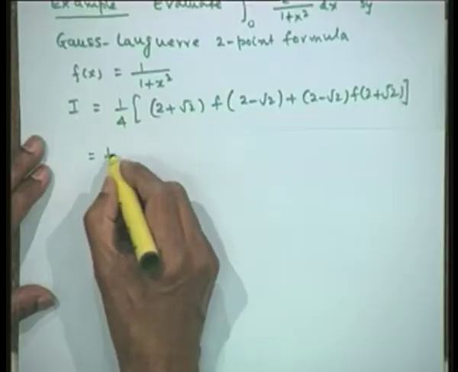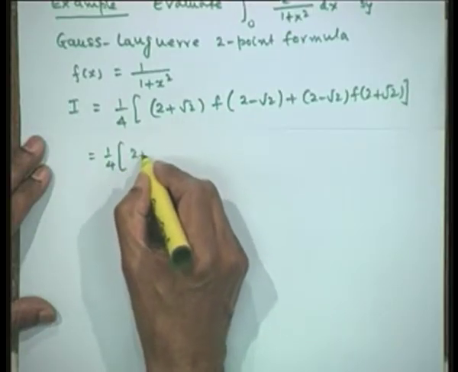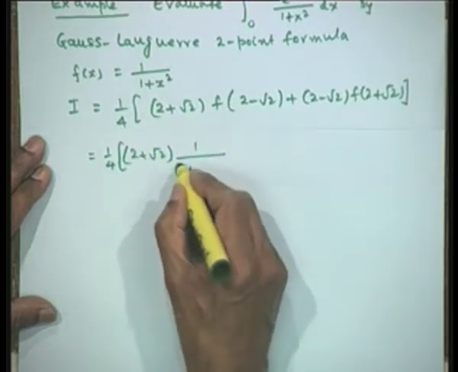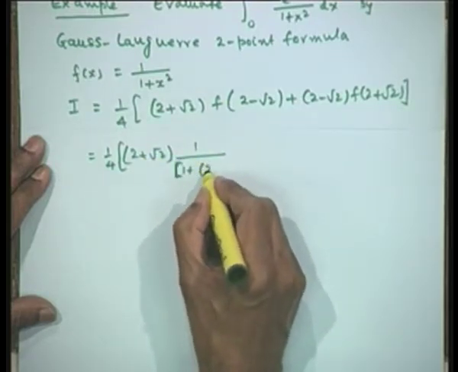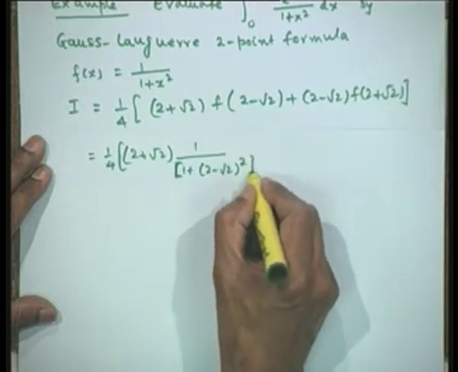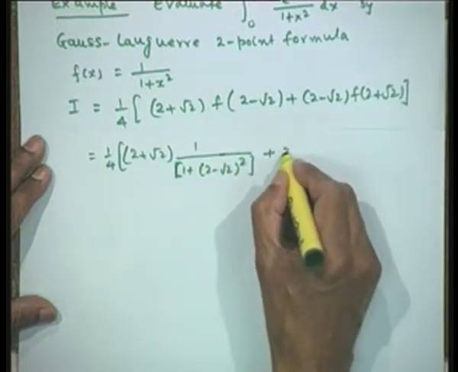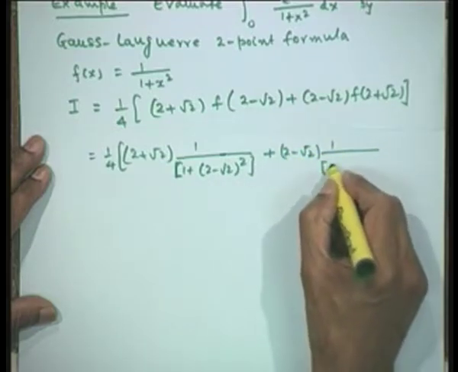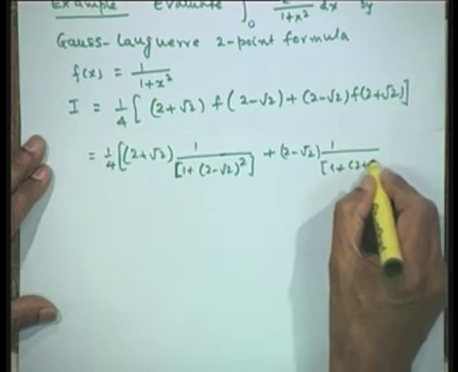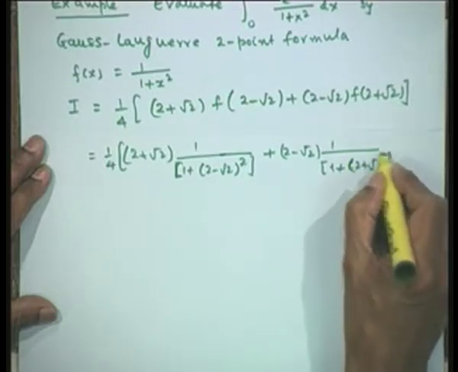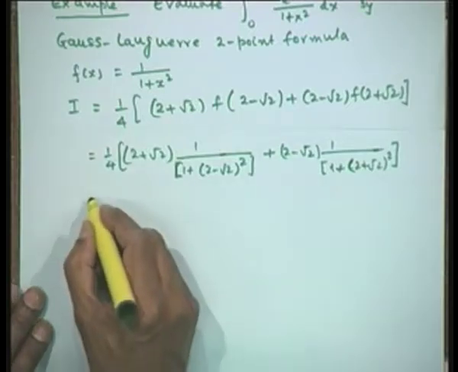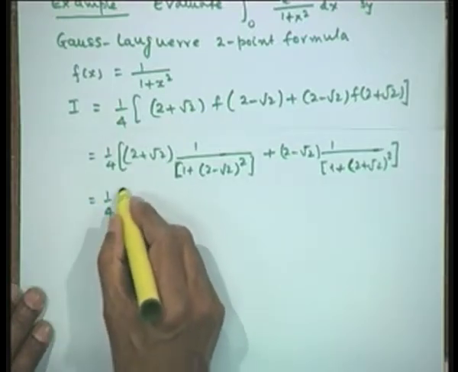So, this is equal to 1 upon 4 times (2 plus root 2) into 1 upon 1 plus (2 minus root 2) whole square, plus (2 minus root 2) into 1 upon 1 plus (2 plus root 2) whole square. We just simplify this, and that is the required solution.